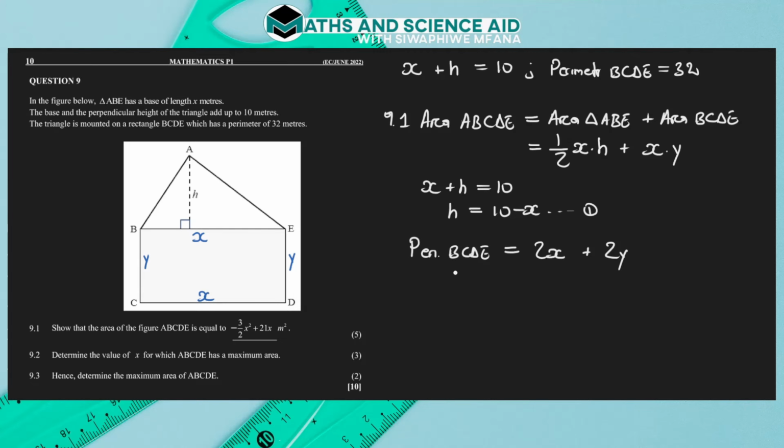But now remember that the perimeter is itself equal to 32. So we have this equation: 32 equals 2x plus 2y.